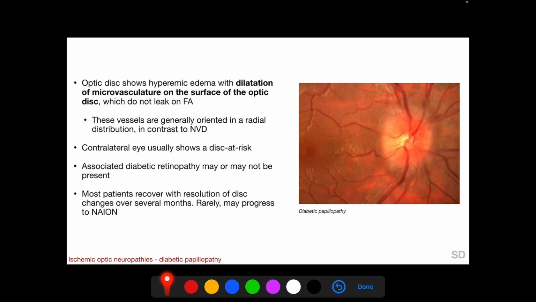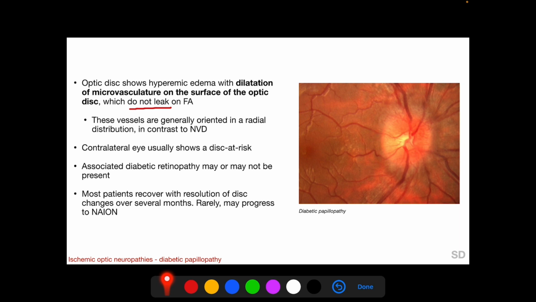Optic disc shows hyperemic edema with surface telangiectasia, that is dilatation of the microvasculature on the surface of the optic disc, and these telangiectatic blood vessels on the surface of the disc do not leak on FA. These vessels are generally oriented in a radial distribution and do not leak, in contrast to neovascularization of the disc, which is found in proliferative diabetic retinopathy.